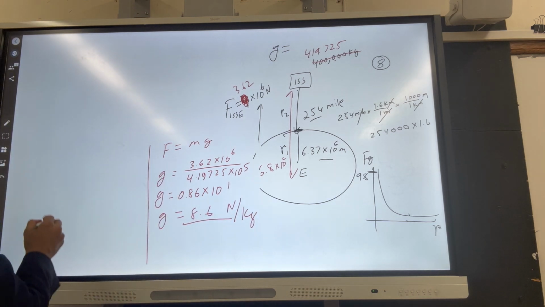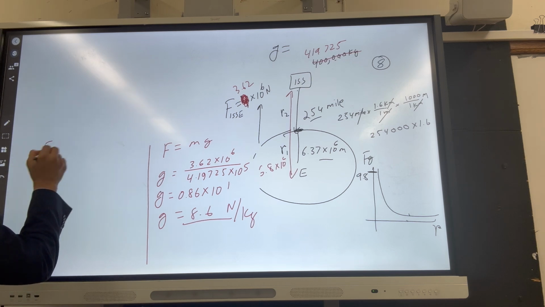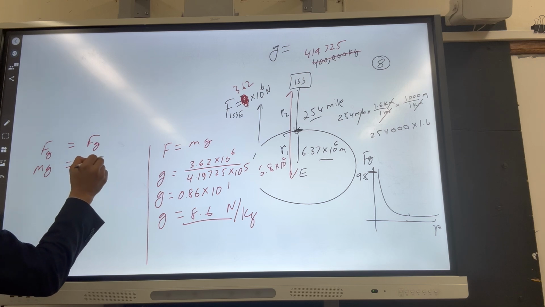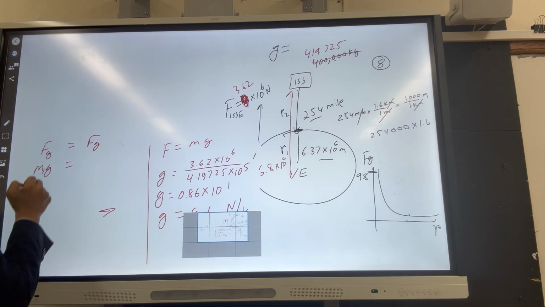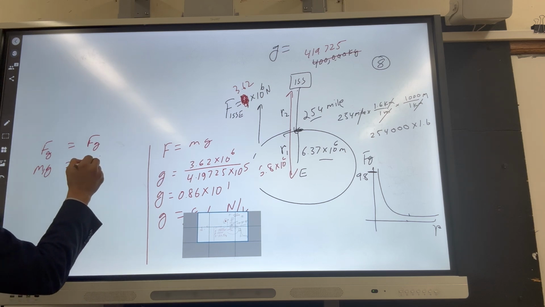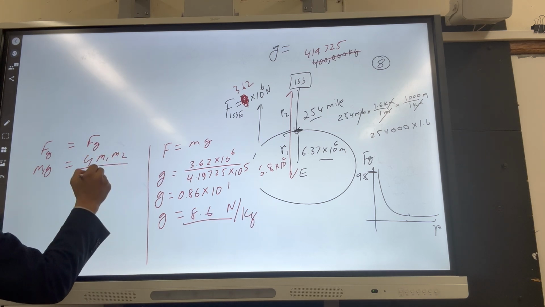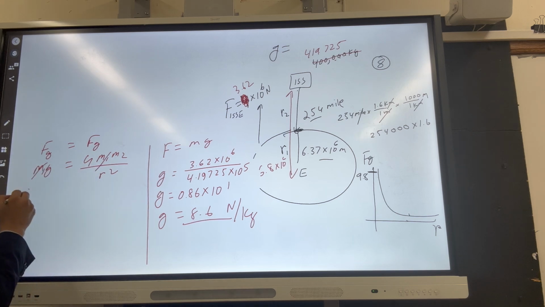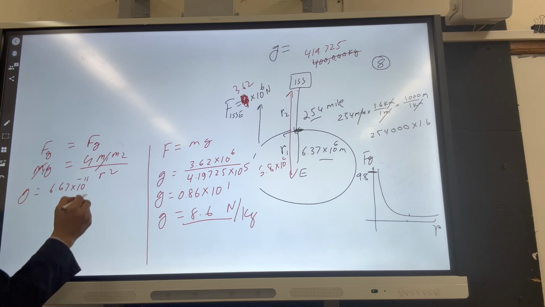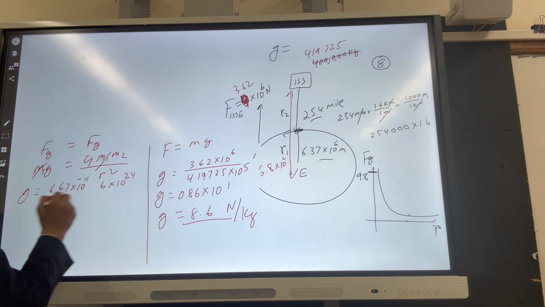The other way is Fg is equal to Fg. So mg is equal to G M1 M2 over R squared, where M1 is the mass of the satellite. The m's cancel. So G is 6.67 times 10 raised to negative 11. The mass of the Earth is 6 times 10 raised to 24.